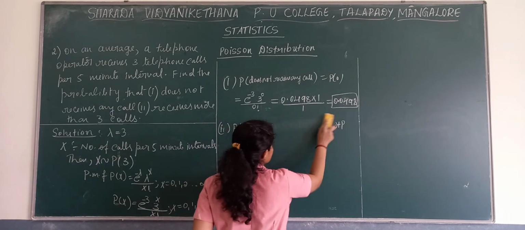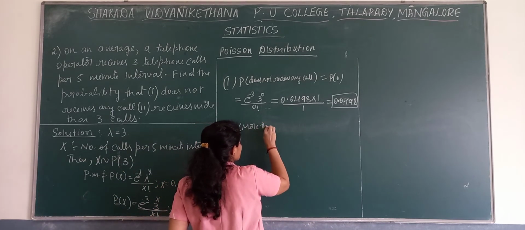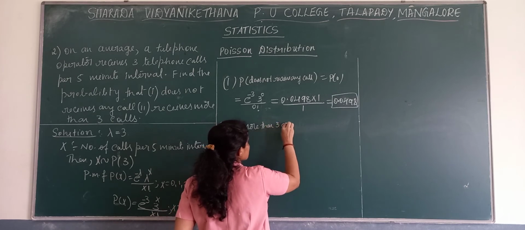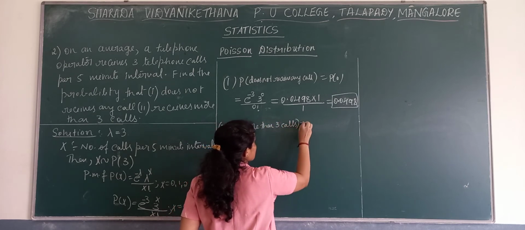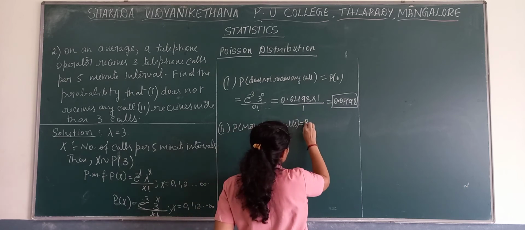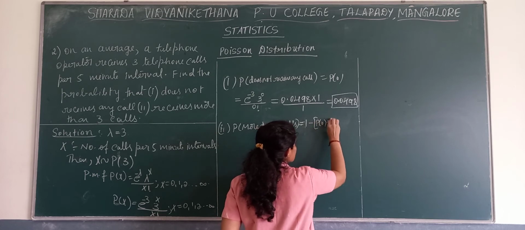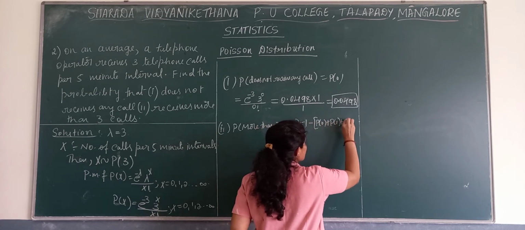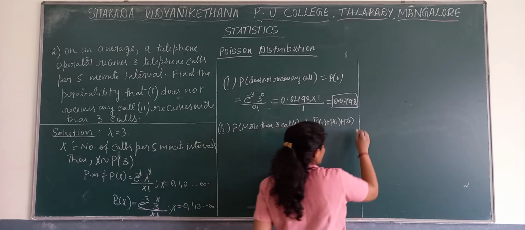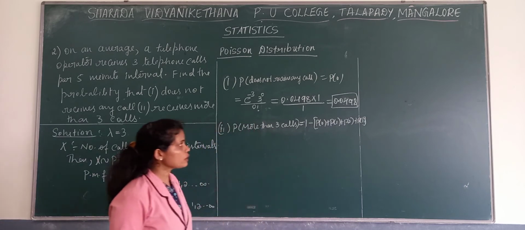Here, what we need to write is 1 minus P of 0 plus P of 1 plus P of 2 plus P of 3, for more than 3 calls.